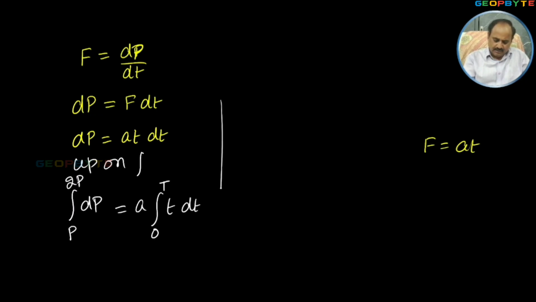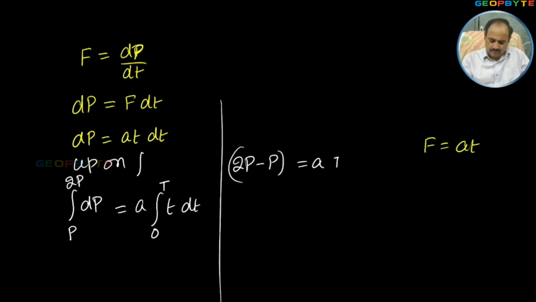Then it can be written as, let us write it, applying the limits: 2p minus p is equal to a into t square by 2. Directly I am writing, p equals a by 2 into t square.